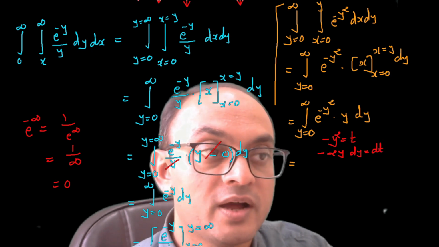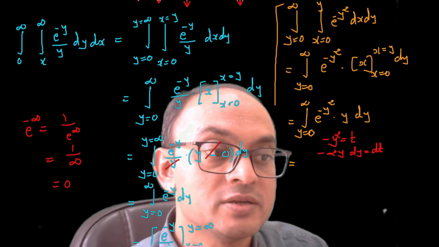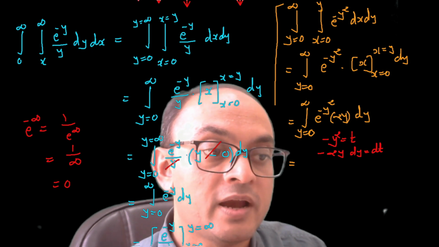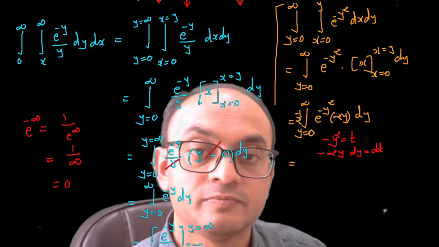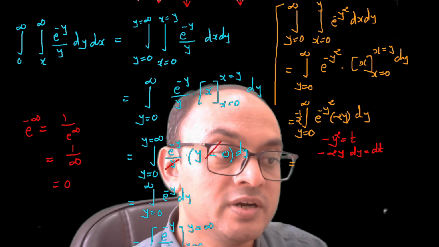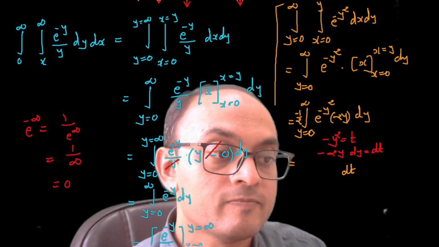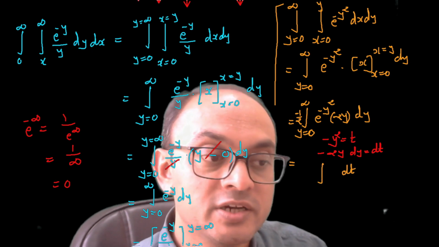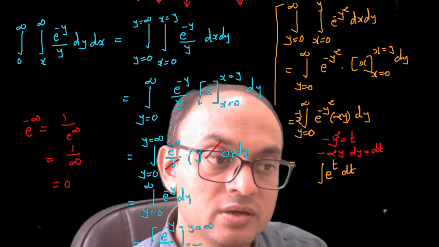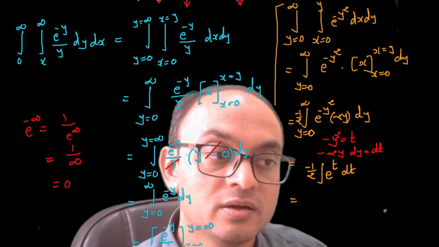Right. So if I multiply by minus 2 and divide by minus 2, then this minus 2y dy becomes dt, integration e raised to minus y square becomes e raised to t, and this is minus 1 upon 2. Right.